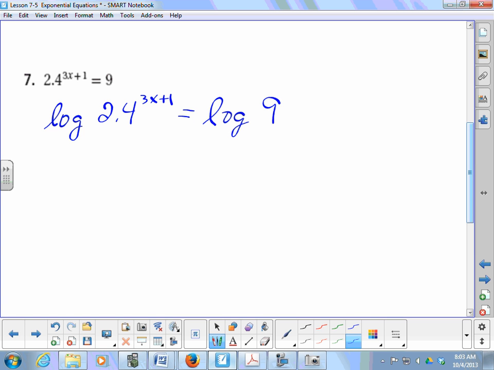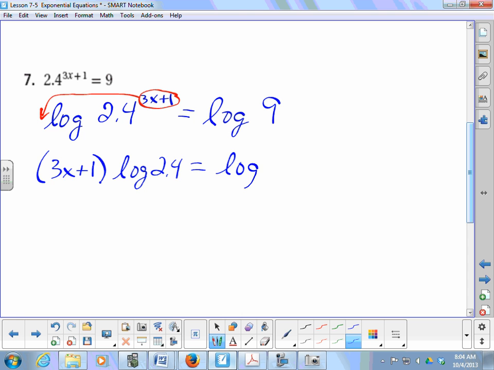So I can take the log of both sides of an exponential equation, and I can get my x out of the exponent and move it to the front. So I can bring this 3x plus 1 down in front. We have the quantity 3x plus 1 times the log of 2.4 equals the log of 9.